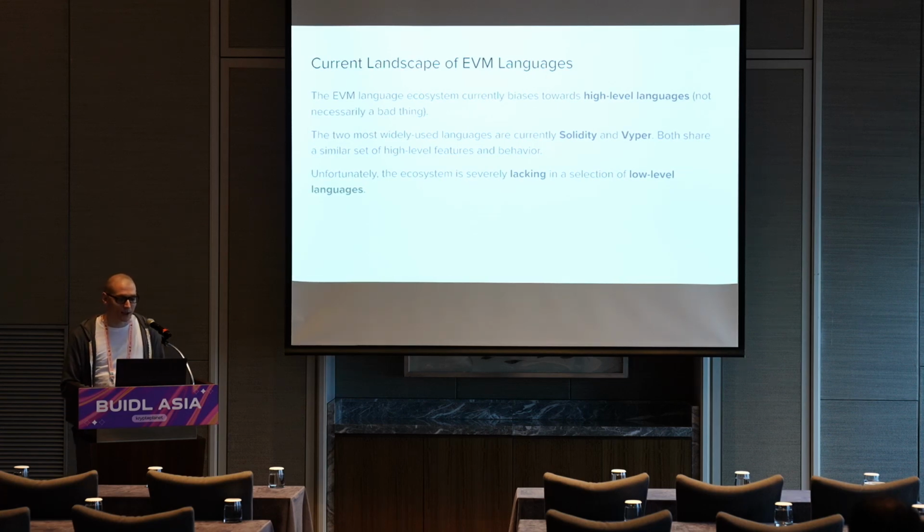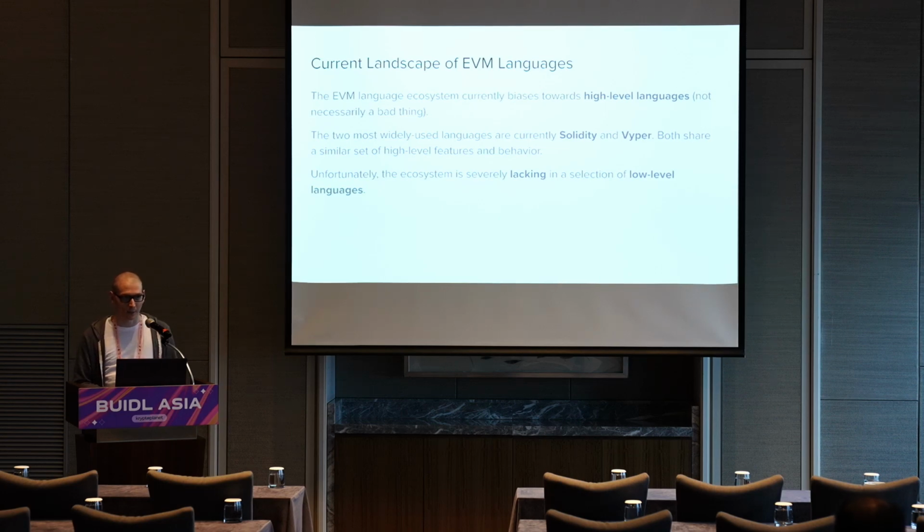So the EVM language ecosystem biases you towards high-level languages. Everyone knows about Solidity and Vyper, basically. Those are probably the two most widely used ones. They give you a lot of very high-level features, a very similar set of high-level features.